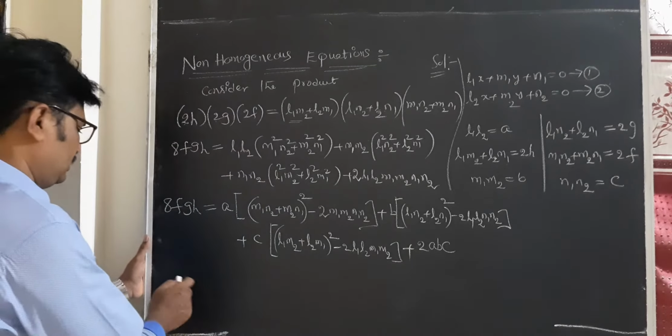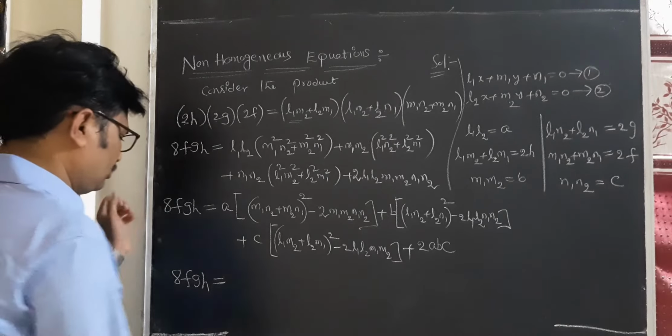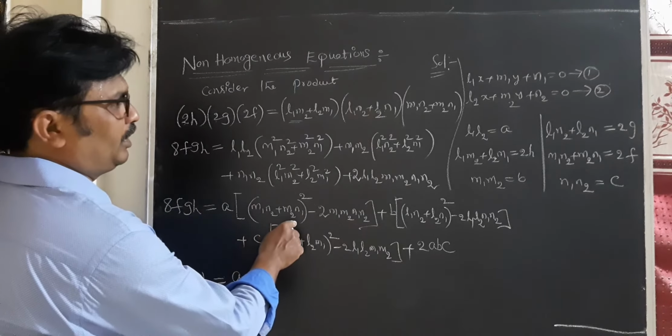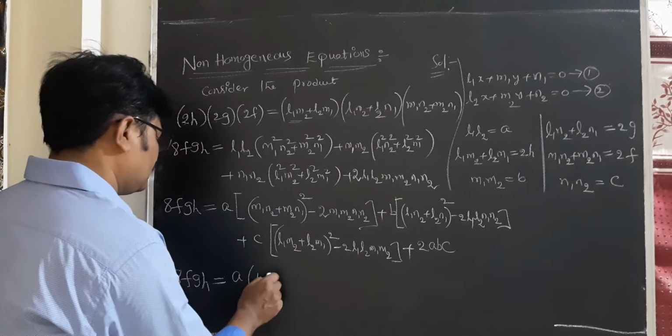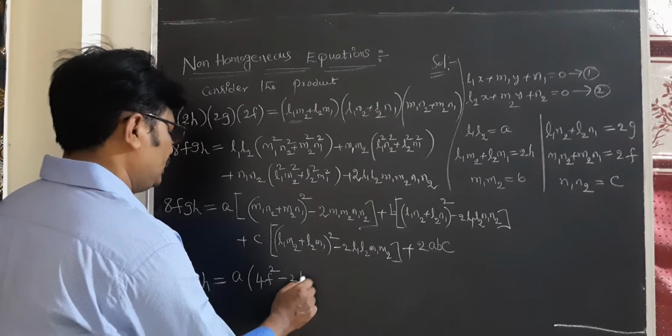My dear students, then 8fgh. Now students, this can be written as a into M1 N2 plus M2 N1, this is 2f. 2f whole square is 4f square minus 2bc.